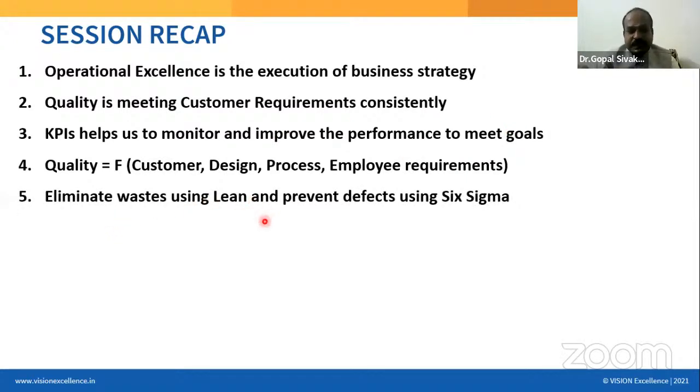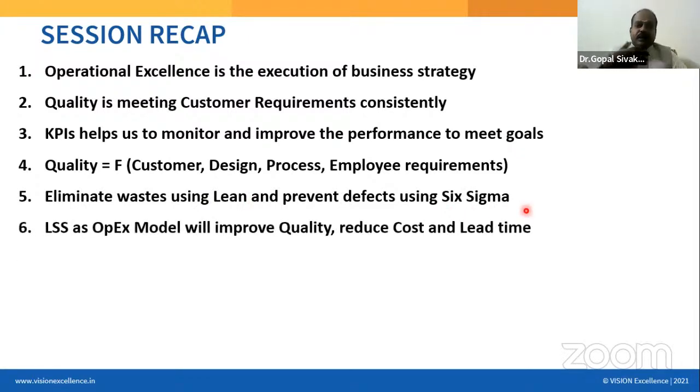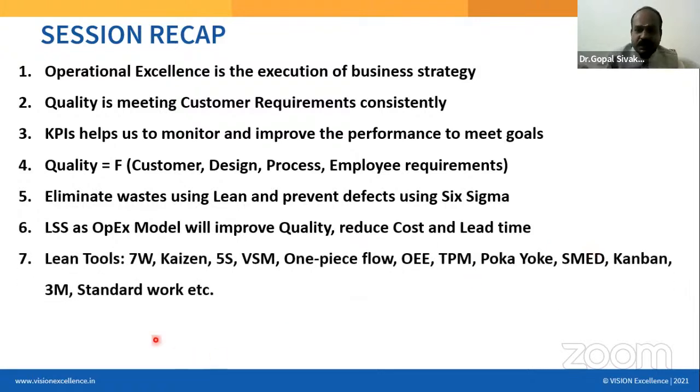Eliminate the waste using Lean, and prevent the defects using Six Sigma. Ultimately, Lean Six Sigma can be used as an operational excellence model to improve the quality, reduce the cost, and the lead time. So there are several Lean tools which you need to learn so that you can make your organization super efficient.